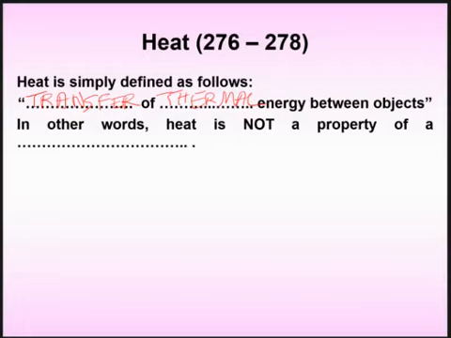Thermal energy is a property of a single object. Every object in the universe has some thermal energy in it. Make two objects touch, both of the thermal energies are going to have what kind of a transfer? Which we call what? Heat.